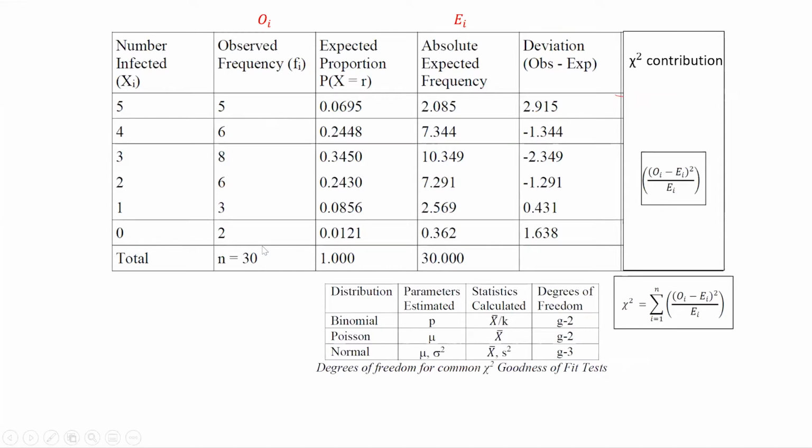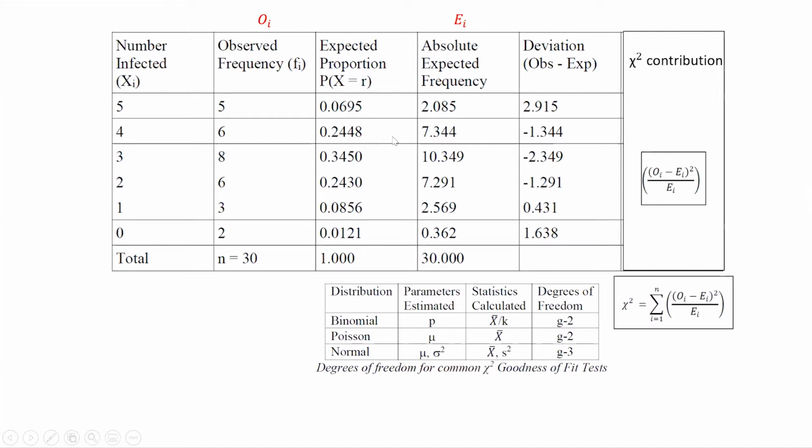So here's a closer look at the binomial example. We have our number infected, observed frequency, expected proportion, expected absolute frequency, our deviation. If you look in your lab manual, you also have this sign column where it's plus or minus, depending on whether it's above or below. In the chi-squared chapter, it's more just the chi-squared contribution, which we calculate using this equation.